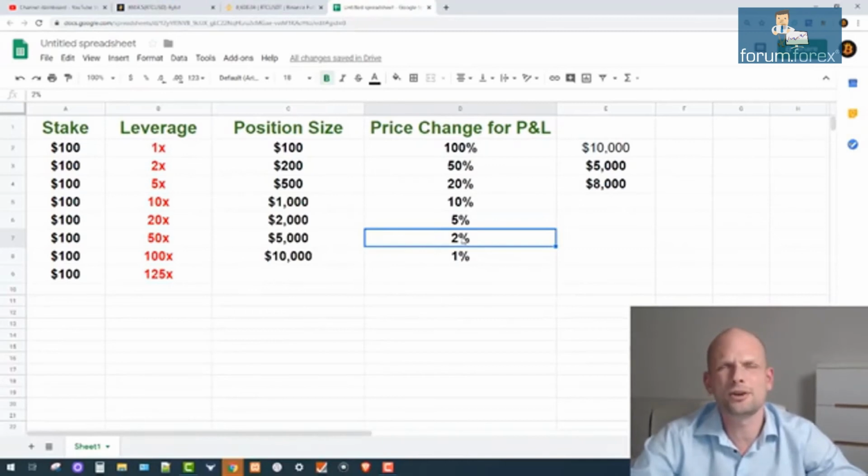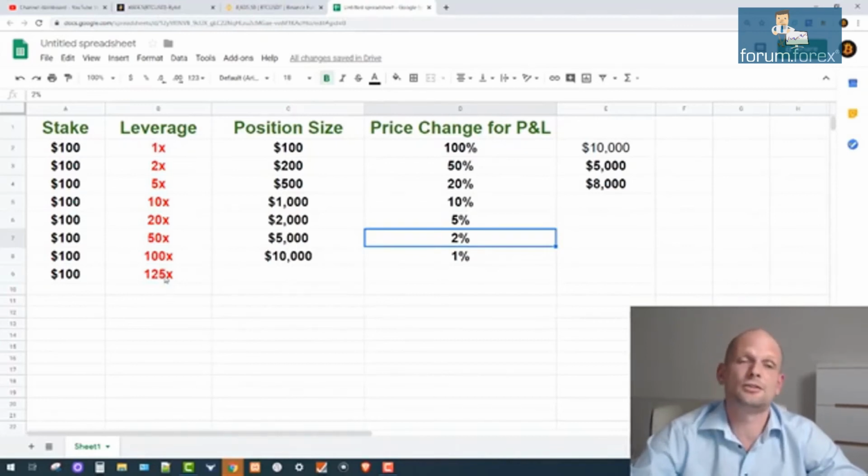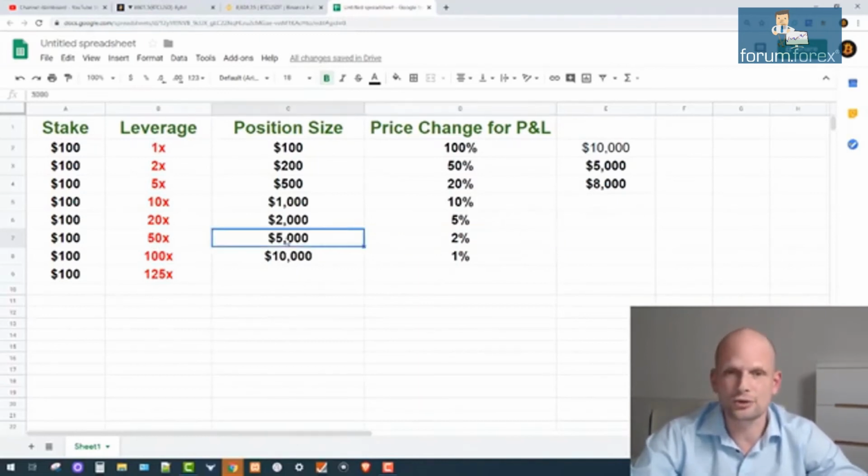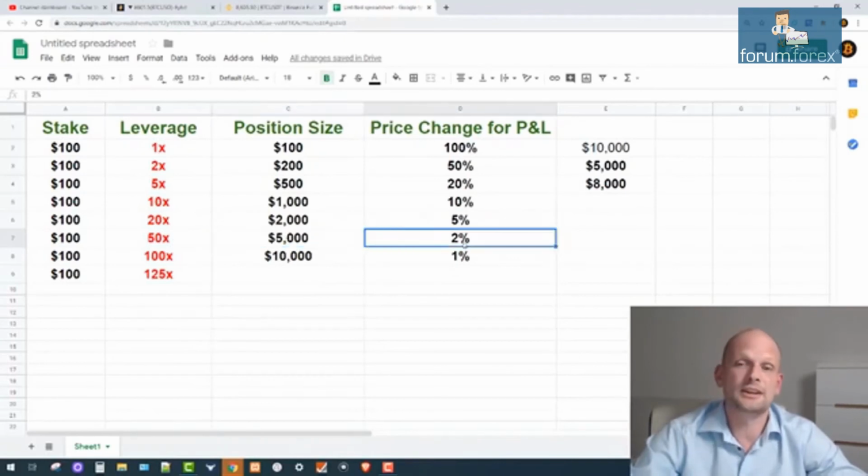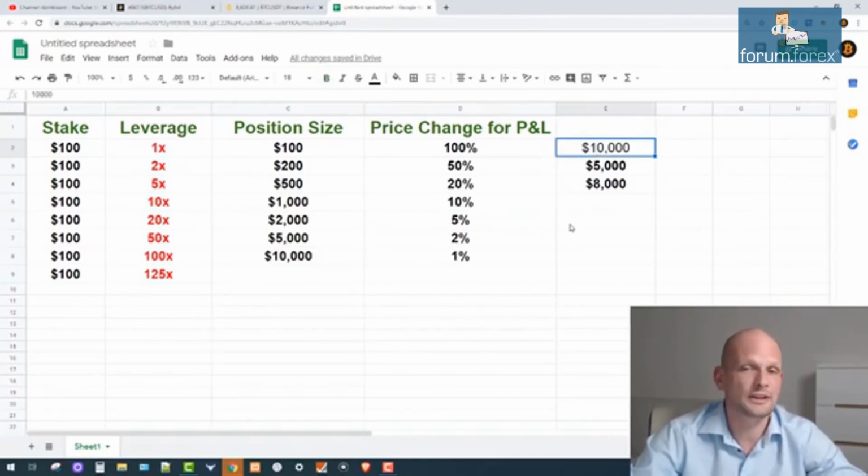Almost 100% of people who are trading with these leverages, 50x, 100x, and I don't even know who trades with 125x, I have never even tried it myself, guys, lose their money. Logically you understand that with 50x leverage you obviously get a huge position, but if it comes against you, only 2% of price, so the price has to drop only from 10,000 to 9,800, and your position gets liquidated.